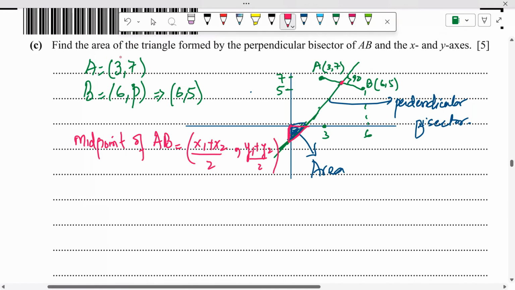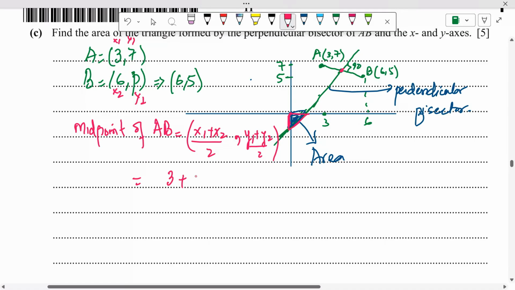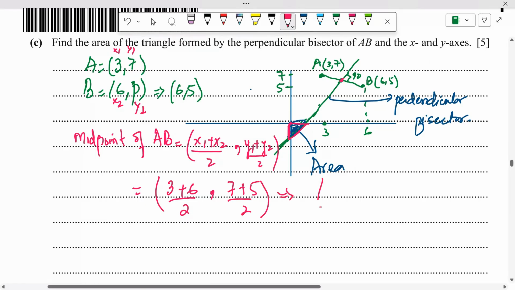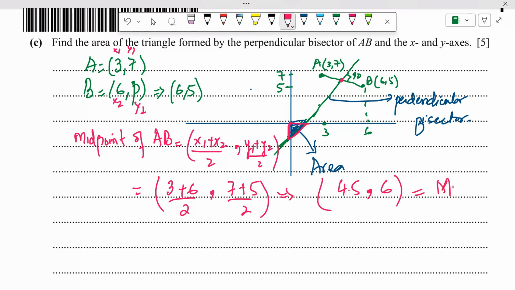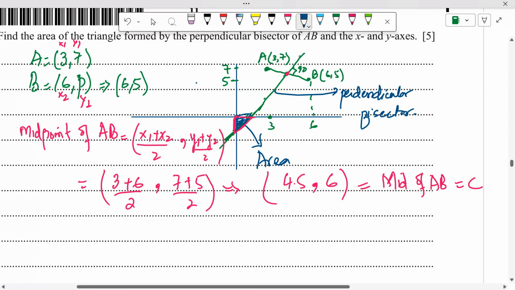In this case, x1 is this one, y1 is this one, x2 is this one, and y2 is this one. Plugging in these values, we have (3 plus 6 over 2, 7 plus 5 over 2), which is equal to (4.5, 6). So we have the midpoint of AB, which is C.